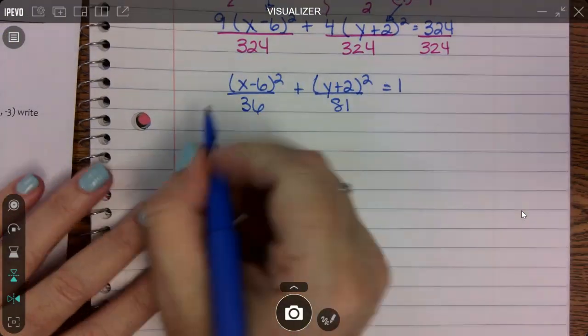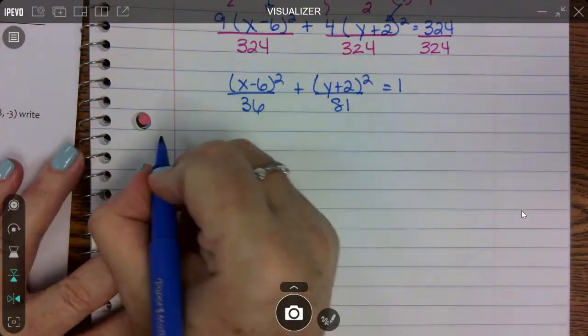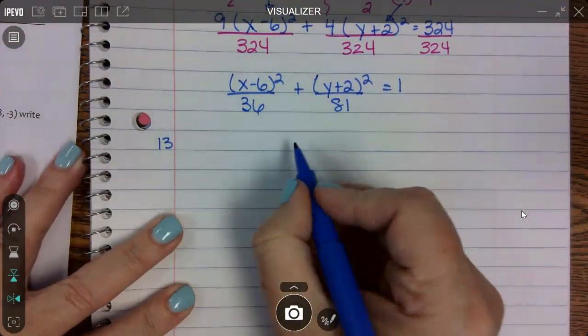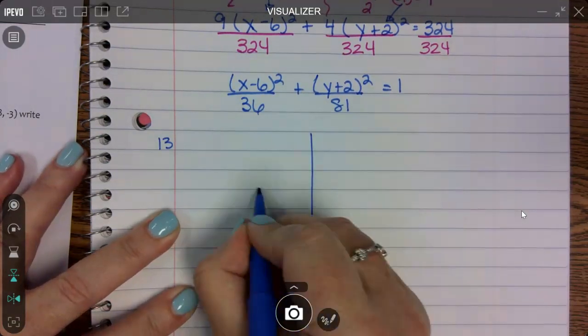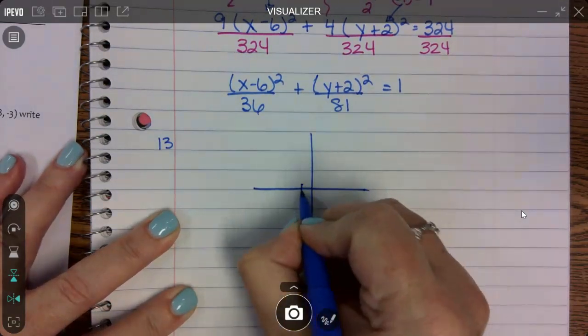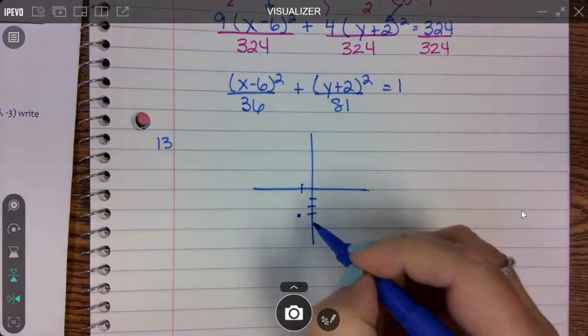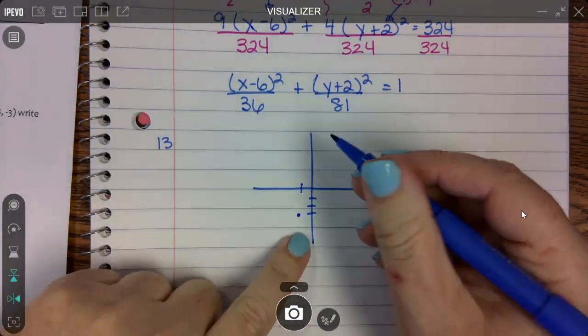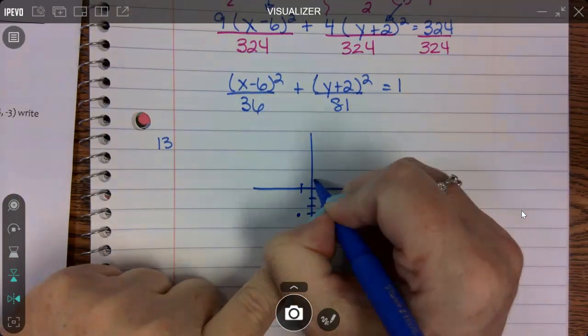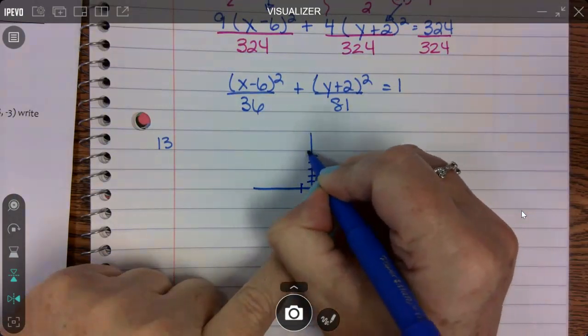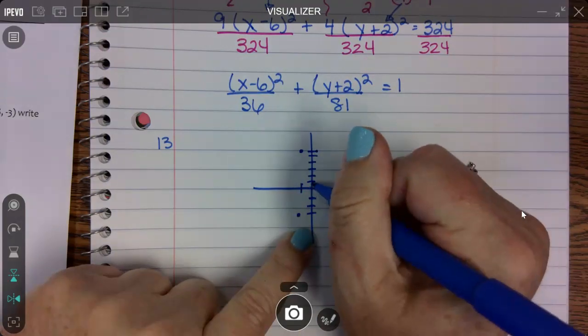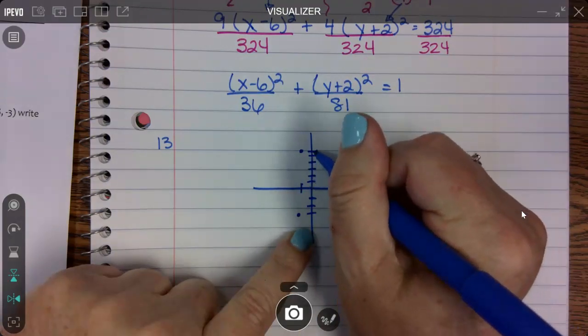Okay, so for number 13, we're going to graph it. -1, 1, 2, 3. Okay, so Y is 9, so we're going to go up and down 9. 1, 2, 3, 4, 5, 6, 7, 8, 9. 1, 2, 3, 4, 5, 6.